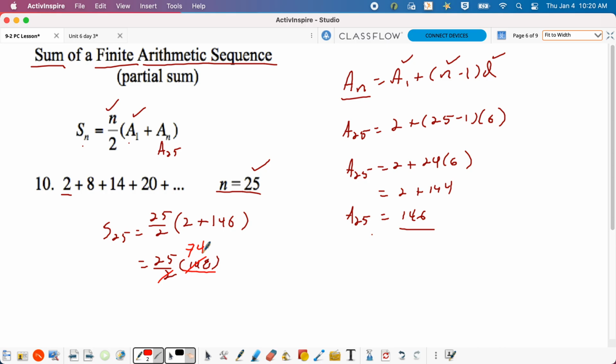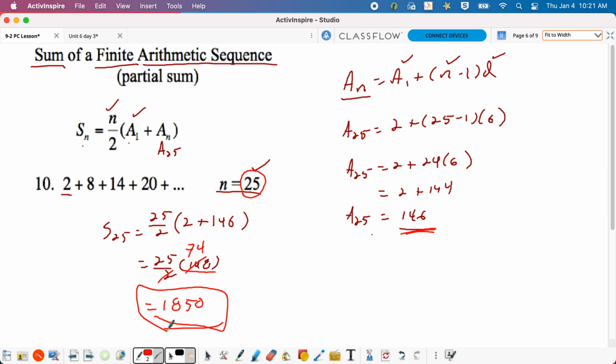Now I'm going to use my calculator and do 25 times 74. You get 1,850. So if I take the series 2 plus 8 plus 14 plus 20 plus ... all the way up to my 25th term, which is 146, and add them all together, they're going to add up and give me 1,850.